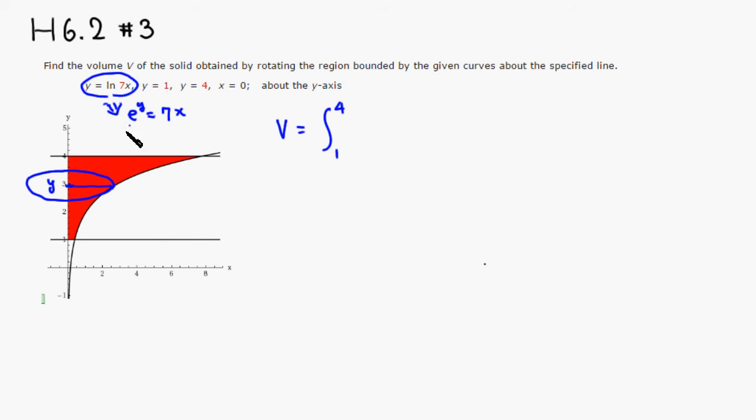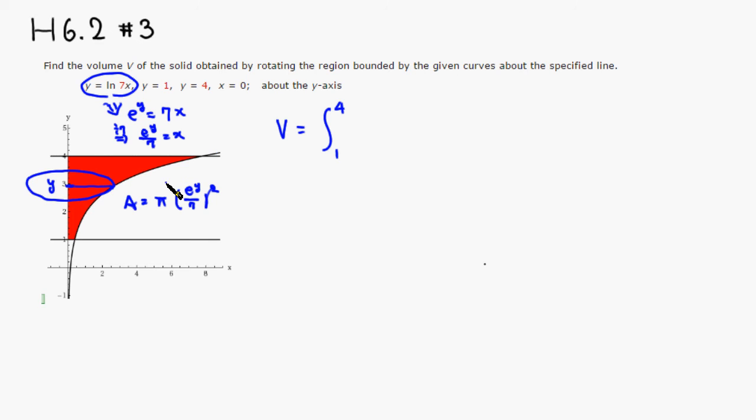Divide through by 7, and we get e to the y over 7 is equal to x. So this cross-sectional area is pi times r squared, which is e to the y over 7 squared.